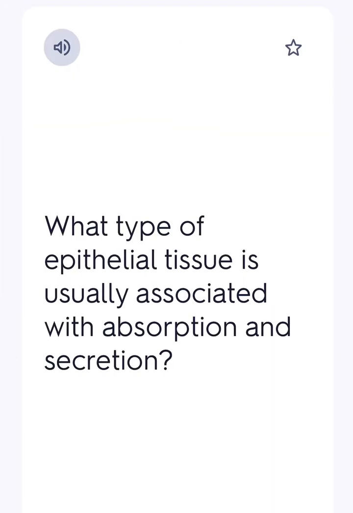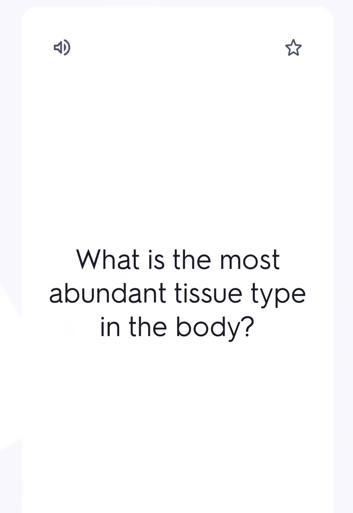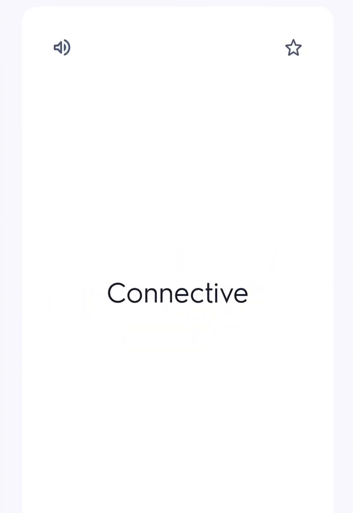What type of epithelial tissue is usually associated with absorption and secretion? Simple cuboidal and simple columnar. What is the most abundant tissue type in the body? Connective.